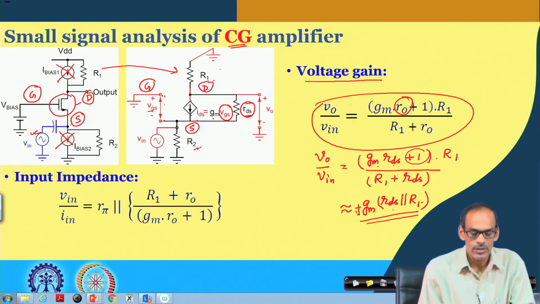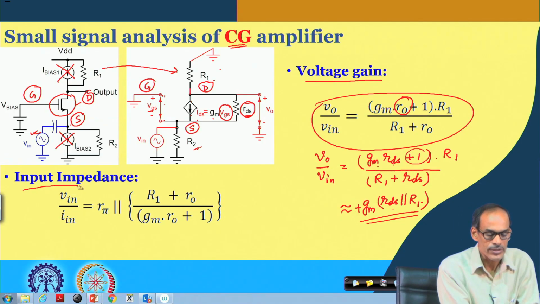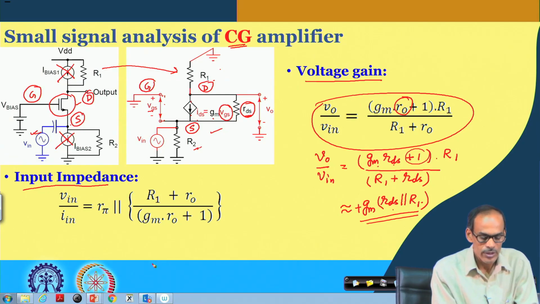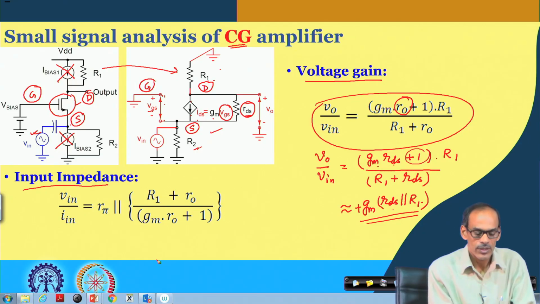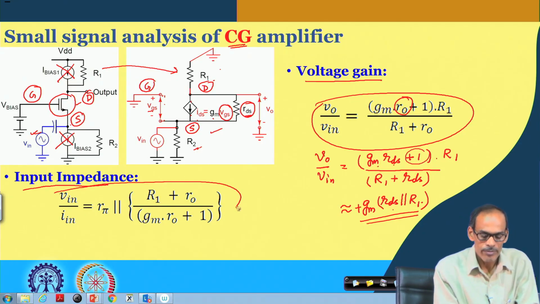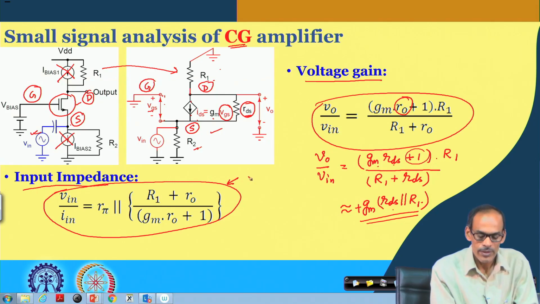Now, similar to the voltage gain, the expression of the input impedance of this circuit can be obtained from the derivation of the common base circuit. This is the derivation we already have for the common base circuit. Of course, there we also had R 2.